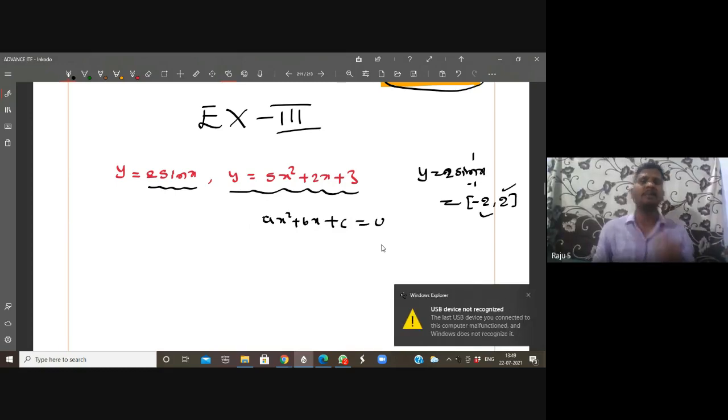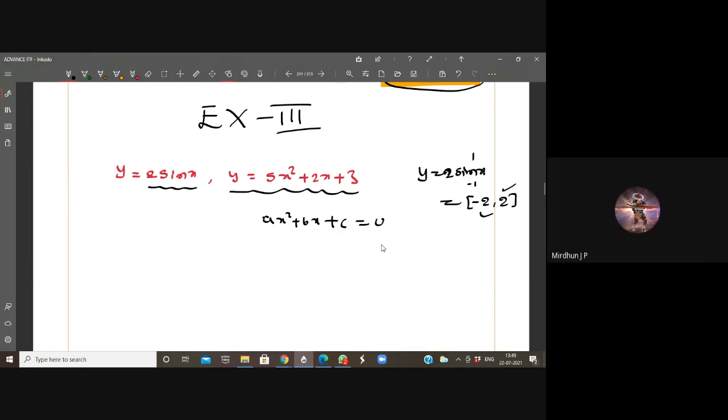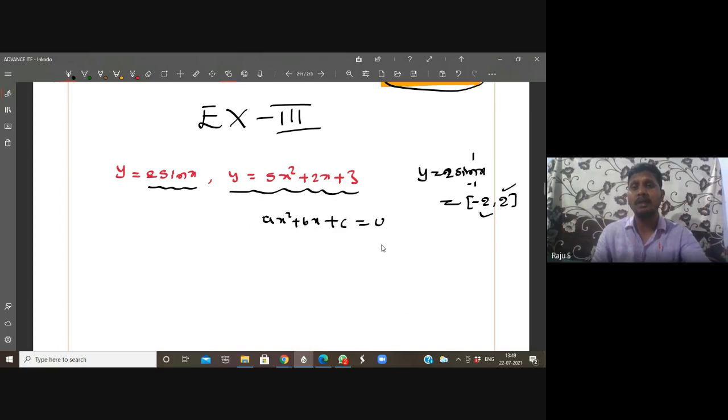All of you find the b square minus 4ac value. It is coming negative. But here the formula is minus d by 4a, where d is the discriminant b square minus 4ac.